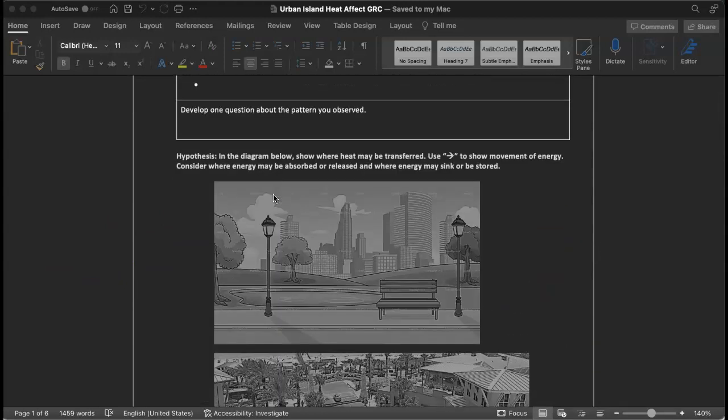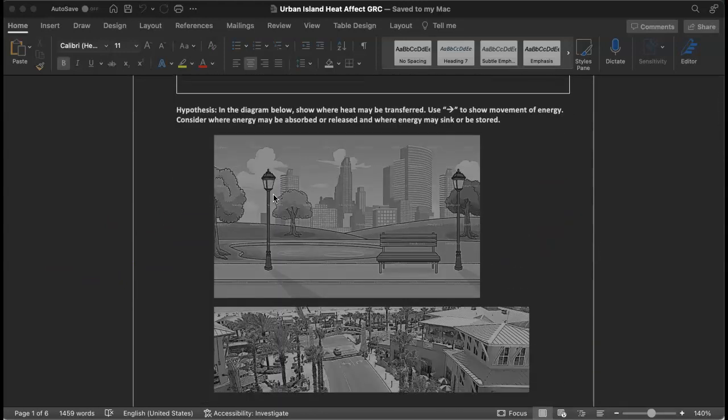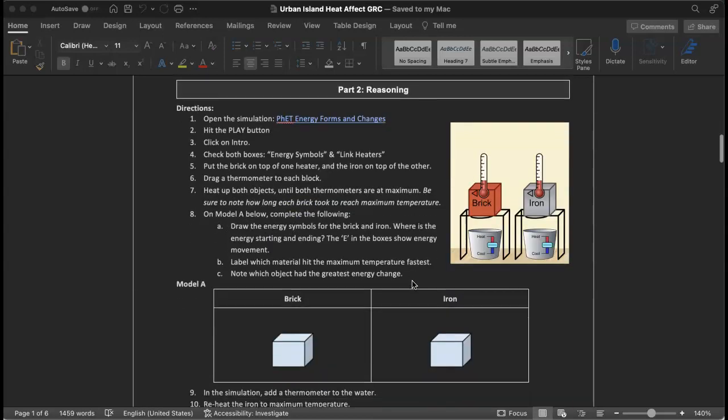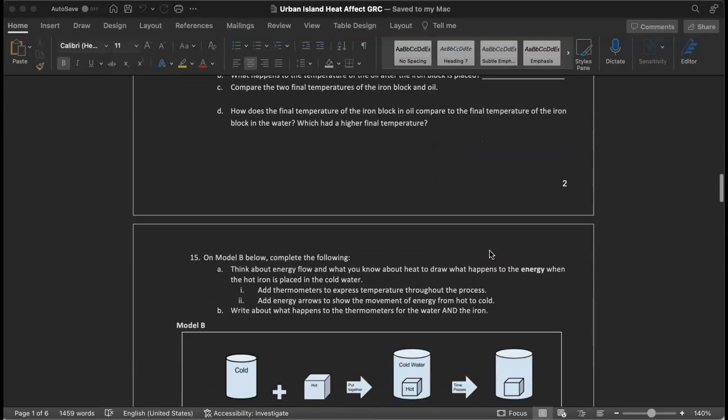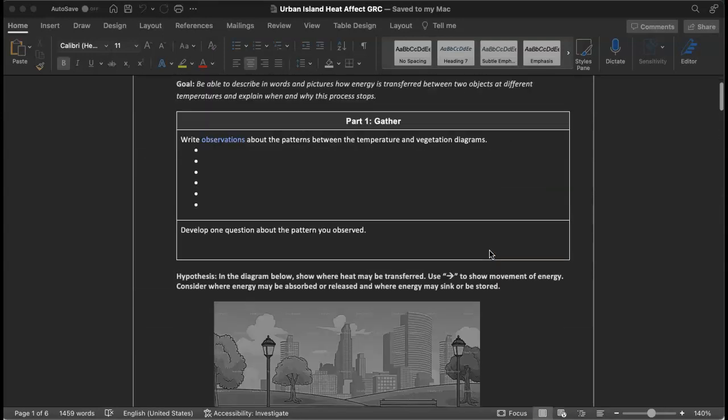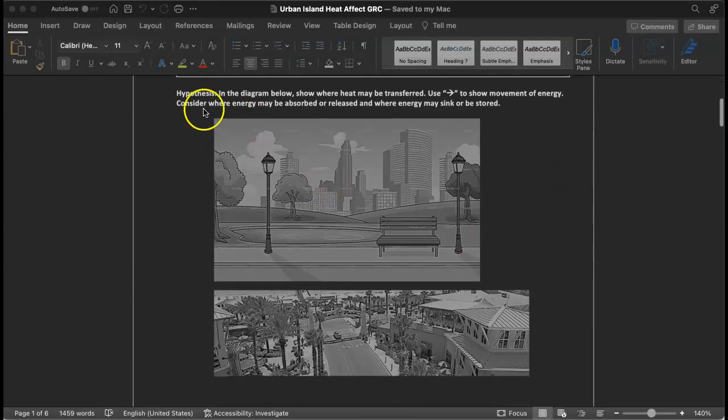Secondly, we have images. Obviously there are some images within this lovely graphic organizer that students are going to be completing. In this image, I do not have an alt text, and the majority of the images in here do not have alternative text, because students are going to be interacting with them. If we take a look here, it says hypothesis.